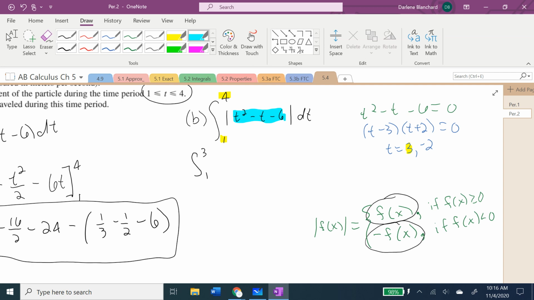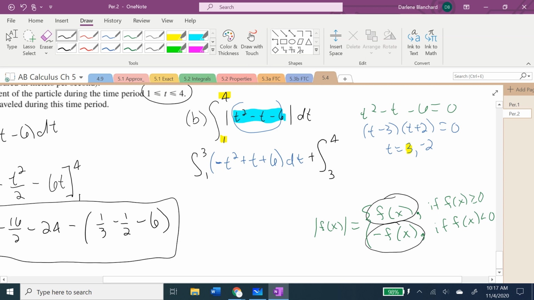There we go, negative. So that means that I need to change the sign on this function, which I like to do by distributing my negative so that I don't neglect it somewhere. So I've got to negate that whole thing. Then I'm going to add to that the integral that goes from 3 to 4.